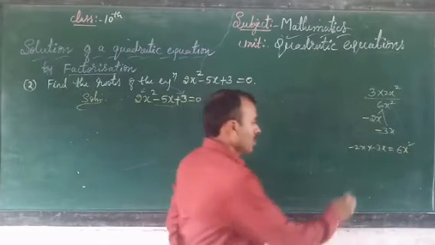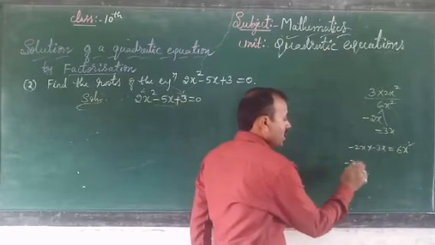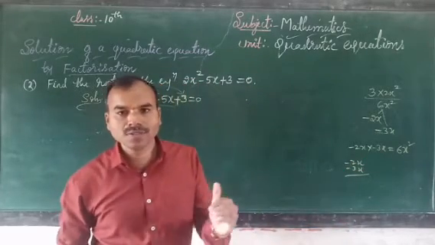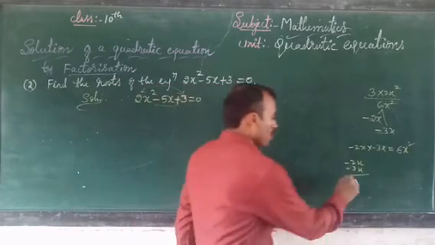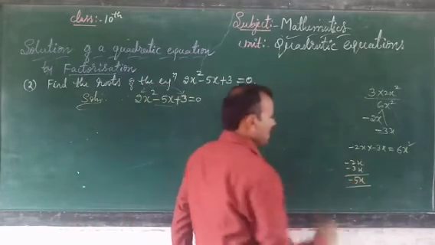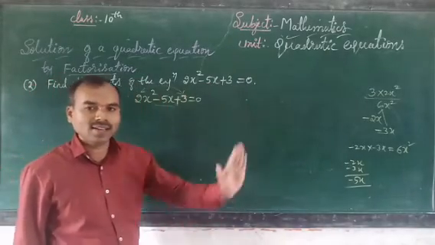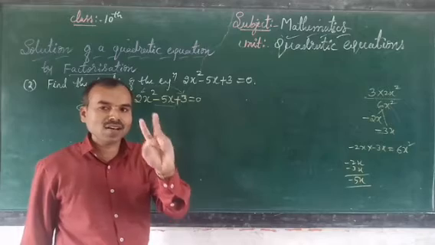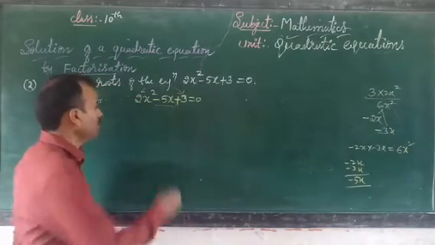And middle term minus 2x and minus 3x, adding the like sign terms with the same sign, so minus 5x, this is exactly correct. Two terms are minus 2x and minus 3x.